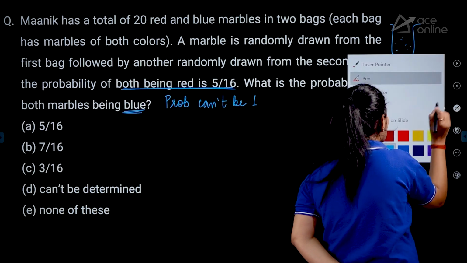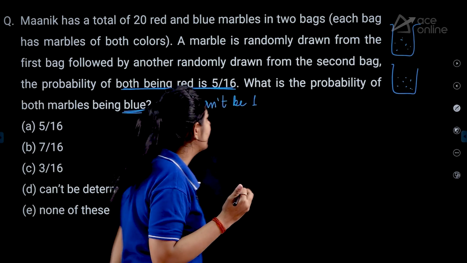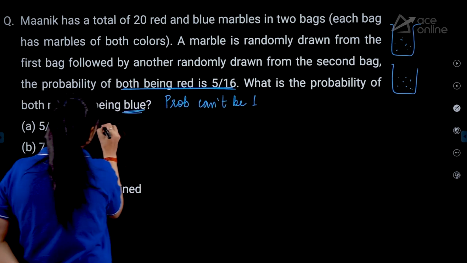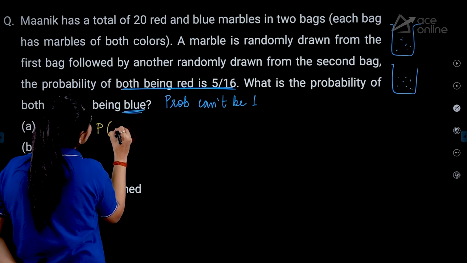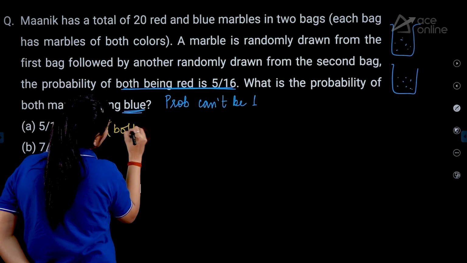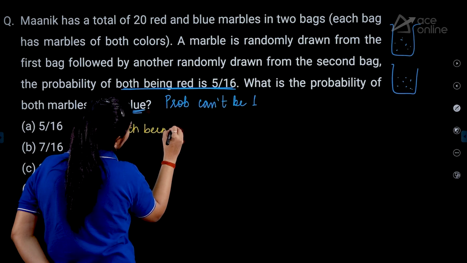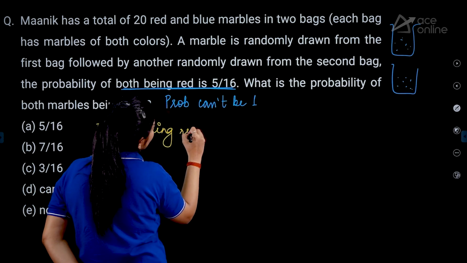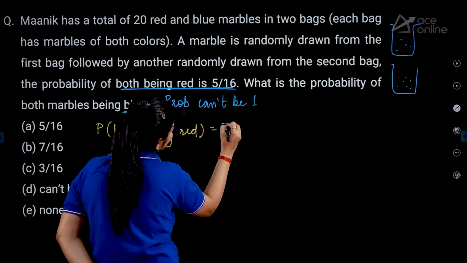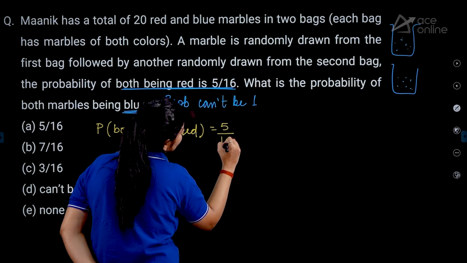Okay. But the question is giving us a hint. The question says that the probability of getting both being red is equal to 5 by 16.